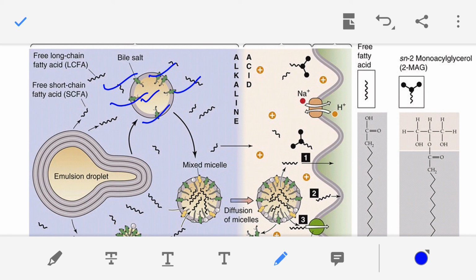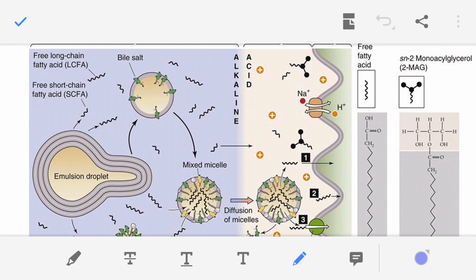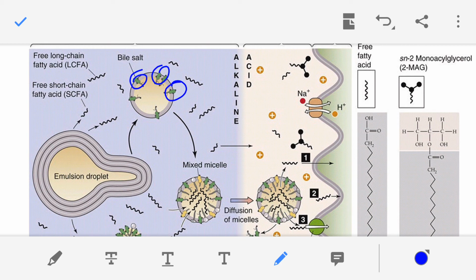So in the core region, what is there? In the core region, there are short chain and long chain fatty acids, monoglyceride, cholesterol, lecithin, and fat soluble vitamins, and all of this is exteriorly covered by the bile salt.